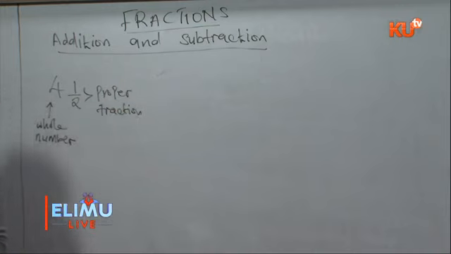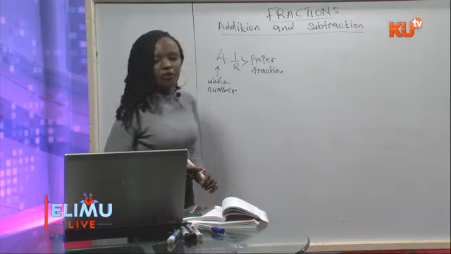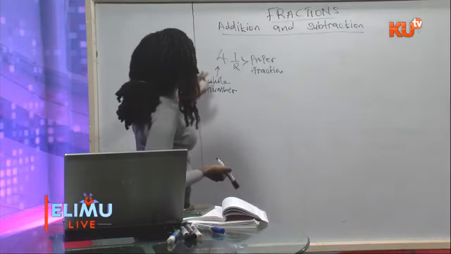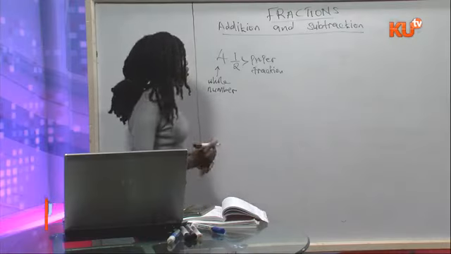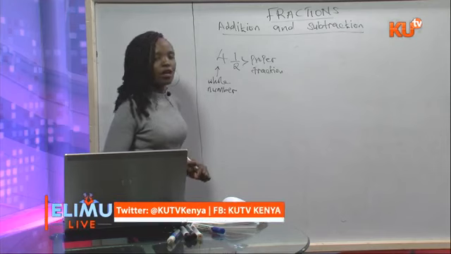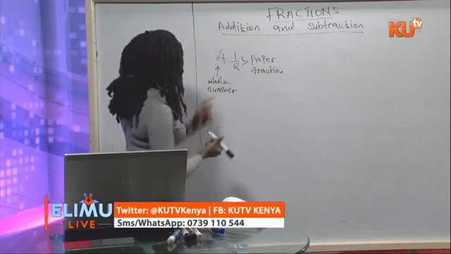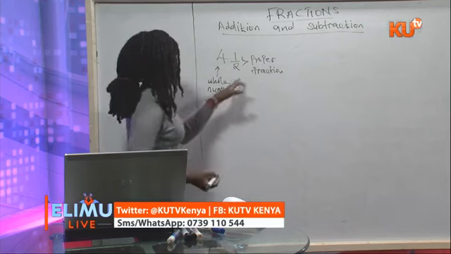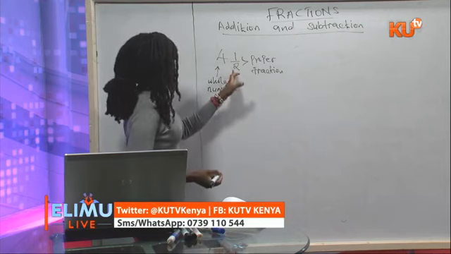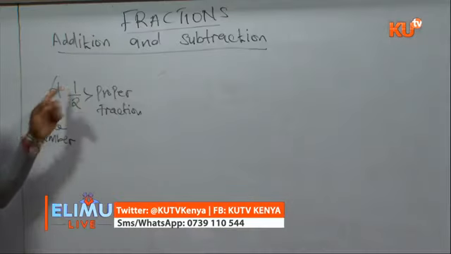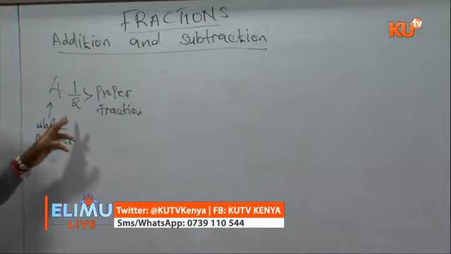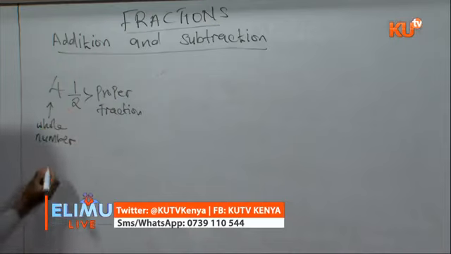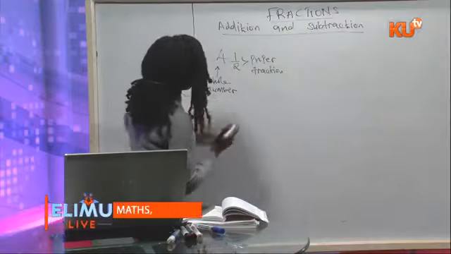So the knowledge of changing mixed fractions to improper fractions is very important. And how do we go about that? To change a mixed fraction into an improper fraction, we take the whole number, we multiply by the denominator, then the answer we get we add to the numerator, and then we put over the denominator. So we take 4, the whole number.